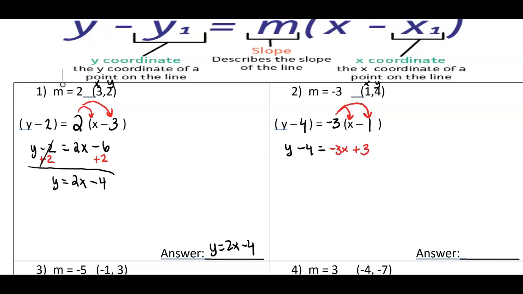Got to make sure you are aware of the signs. So you're going to add 4 to both sides here. These cancel off. You get y is equal to negative 3x plus 7, and there's your slope-intercept equation. Starting at 7, going down 3, and right 1 or up 3 and left 1.